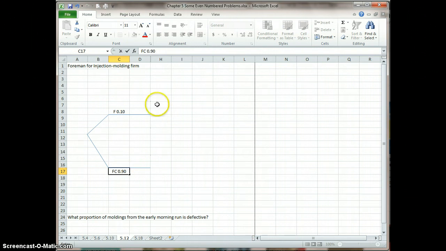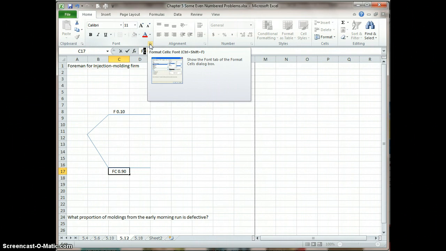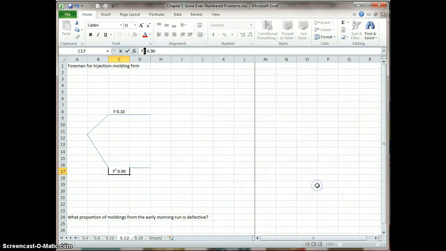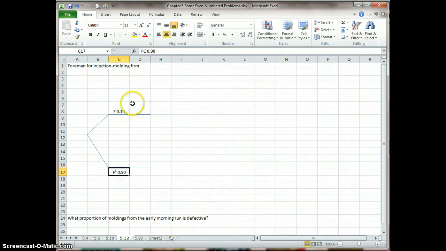0.90. And again, we can come up here, and if we highlight the C and click the format cells in the lower right corner of the font group, we can just choose superscript with C highlighted, OK, and you can see down here.